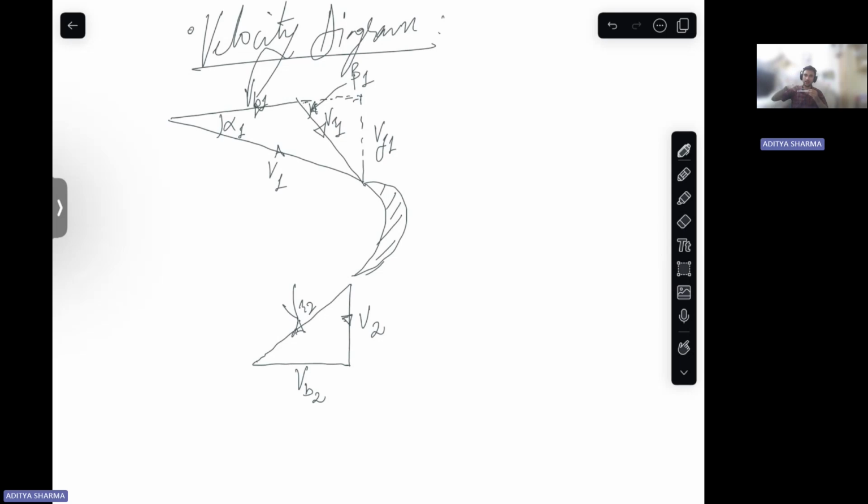Then the axial direction in which the flow is. So the component of water that is along the shaft is basically your flow velocity. So this is your velocity diagram for your Francis turbine.